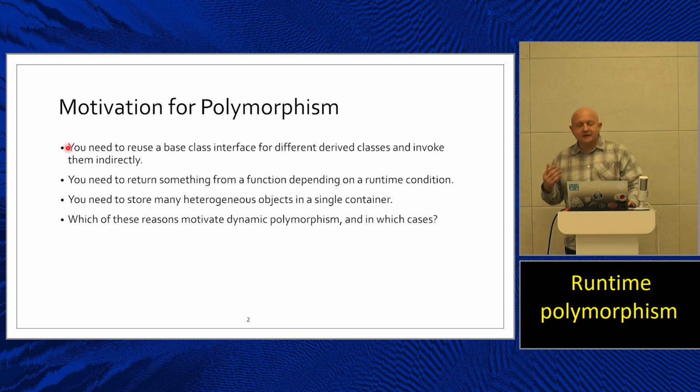Another case is when a function needs to return different concrete types depending on a runtime condition. Templates cannot branch on runtime values. If the decision is made during execution, the mechanism must also exist in runtime. And finally, heterogeneous storage. If you want to keep objects of different types in a single container, you inevitably lose static type information.